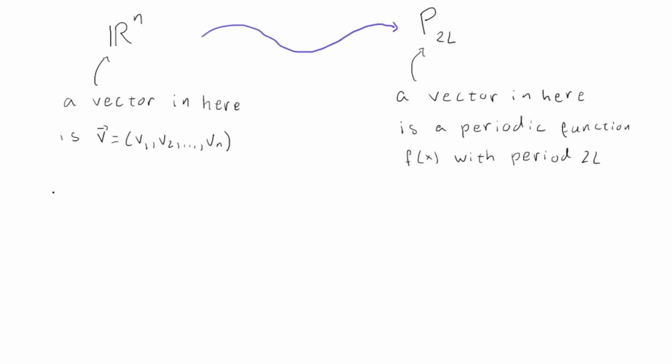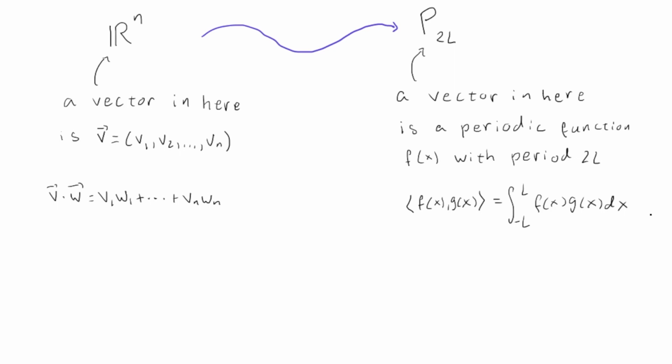And here we have a dot product. If you have two vectors, you can dot them together. You have a dot product in Rn, v dot w, and you have a dot product in this space of periodic functions, which we denote like this, which is the integral from negative L to L of f of x g of x dx.